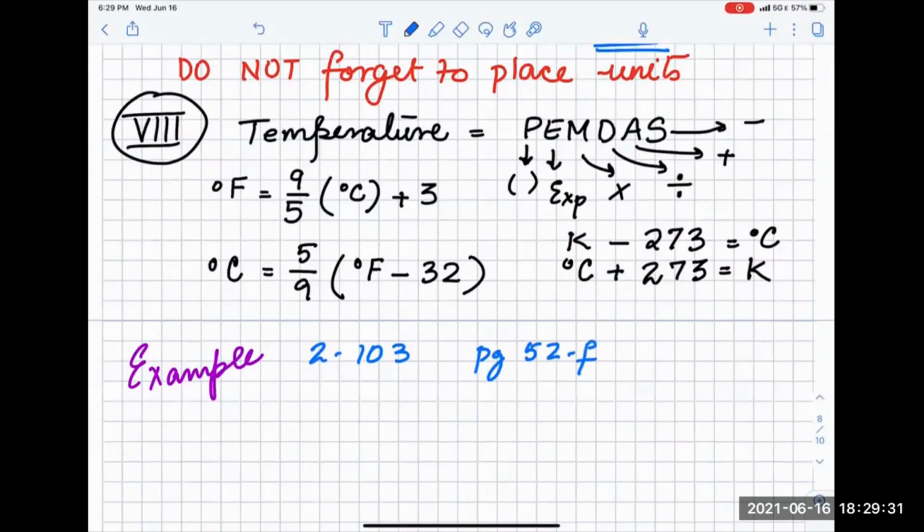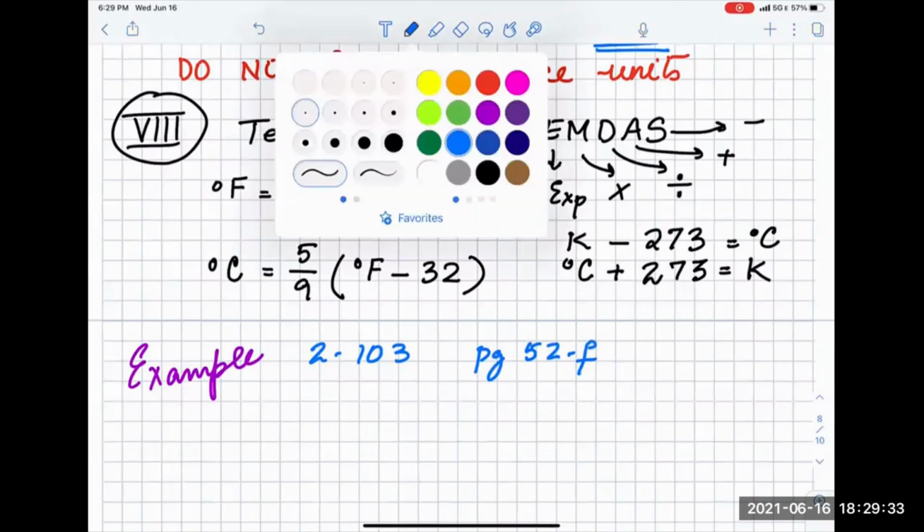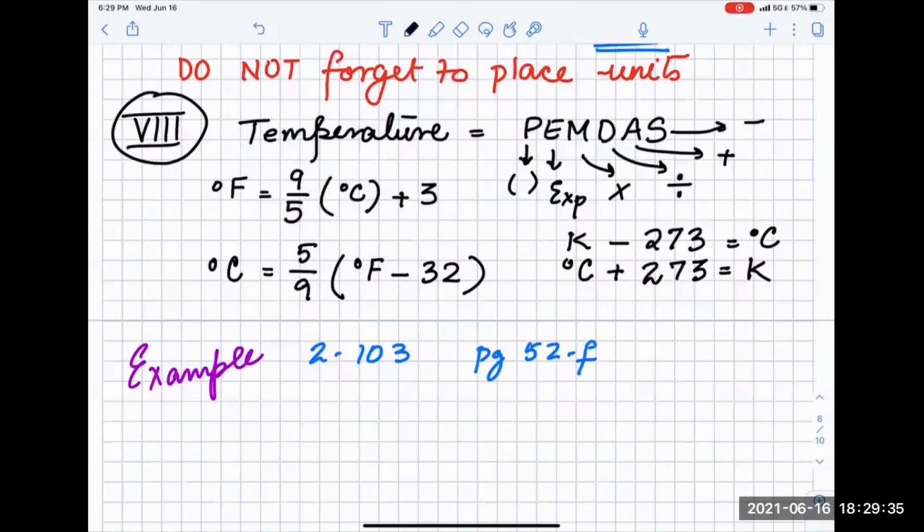Here you are given 525 degrees Fahrenheit, and they're asking, what is the temperature in degrees Celsius? So convert Fahrenheit to Celsius.